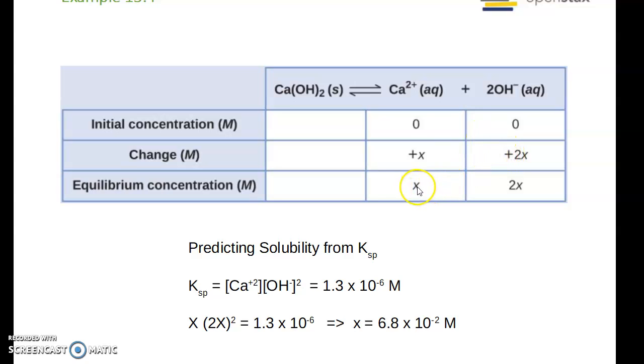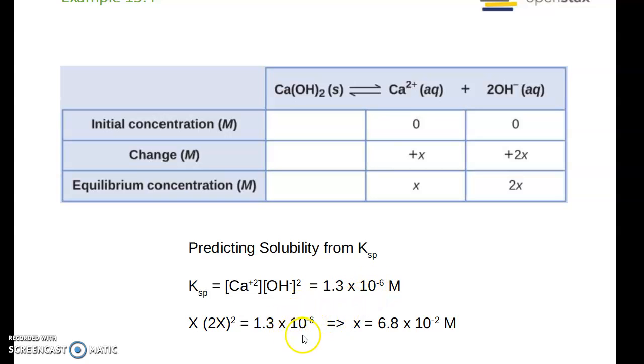So at equilibrium, you're going to have x concentration of this one, and 2x of this one. And this 2x is raised to the second power, the coefficient here. So not only do you have 2x, you have 2x squared, so it would be 4x squared here. So this right here would be 4x cubed equals this right here.